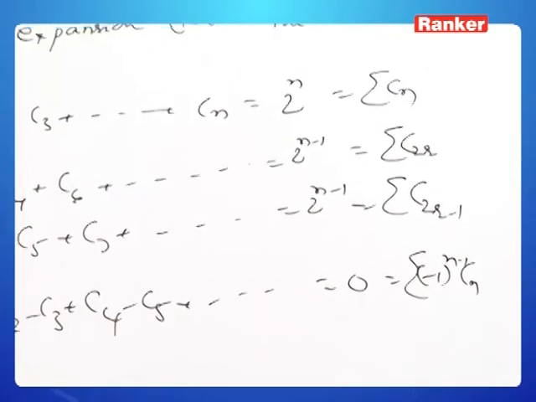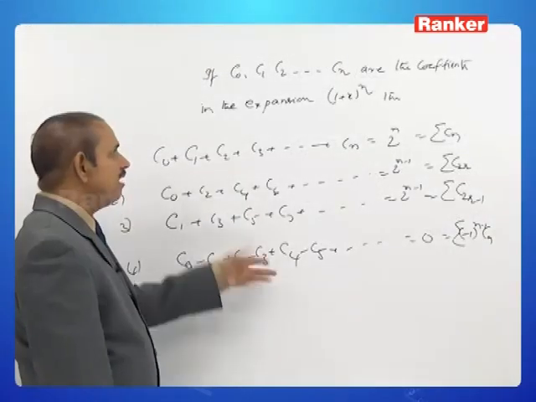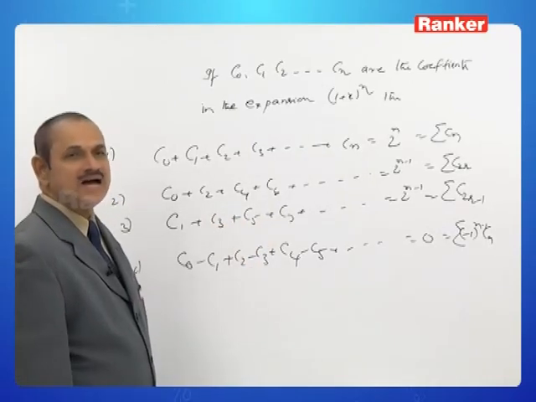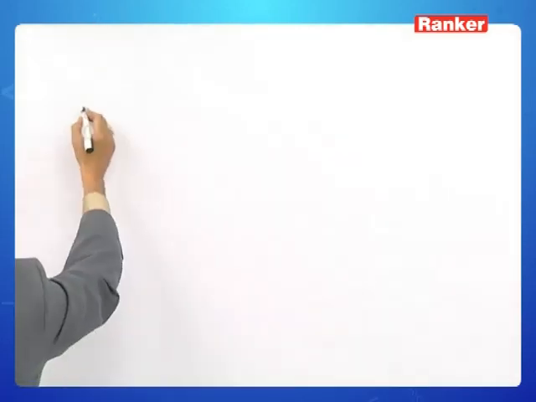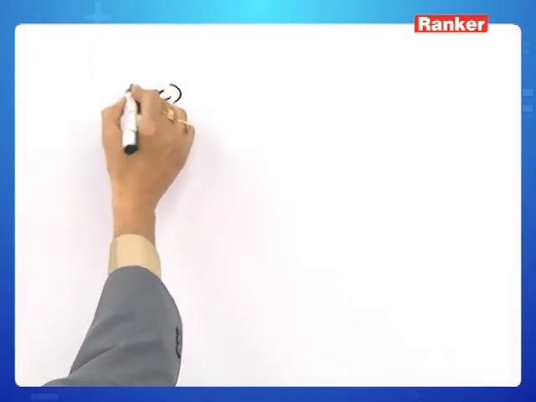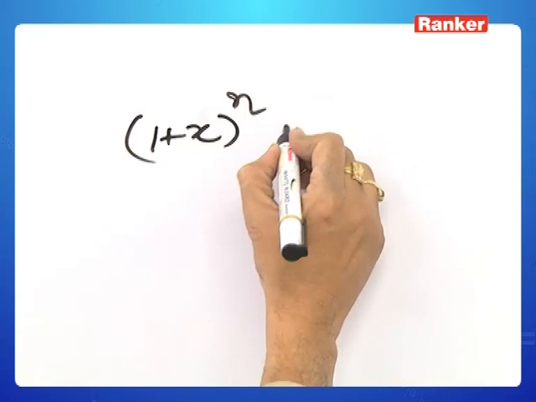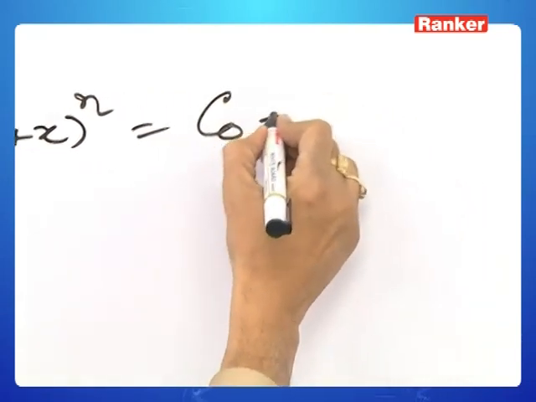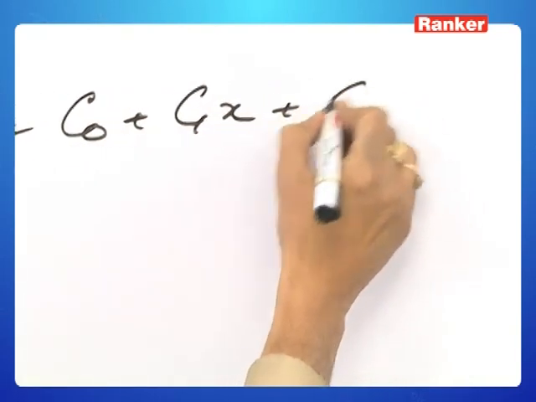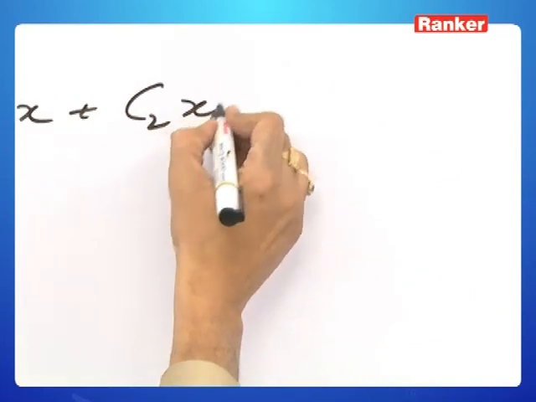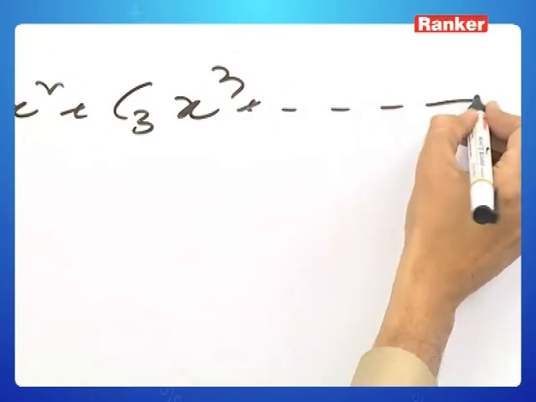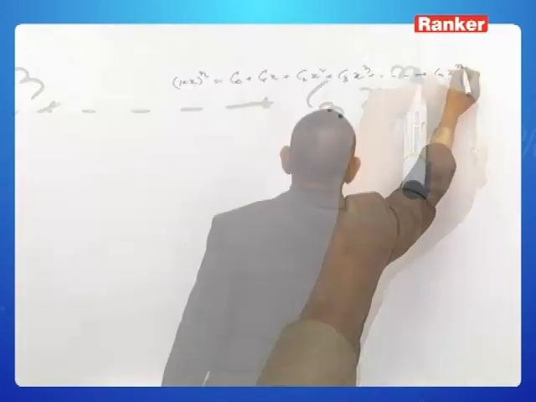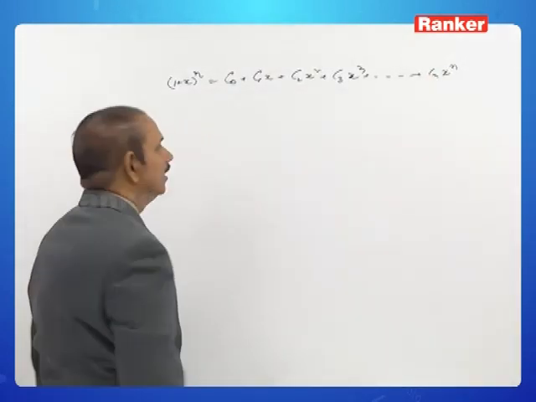These are the fundamental properties. Beyond these, there are so many others. Let us now look at those properties. Look here. We know that 1 plus x whole to the power of n is equal to C0 plus C1x plus C2x square plus C3x cube and so on up to Cn x power n.